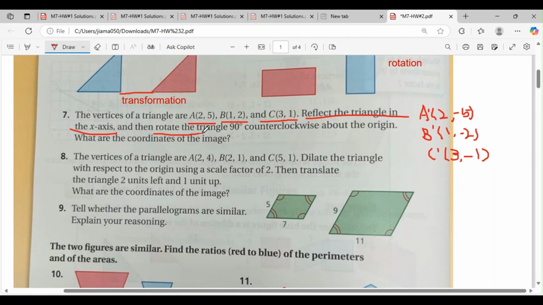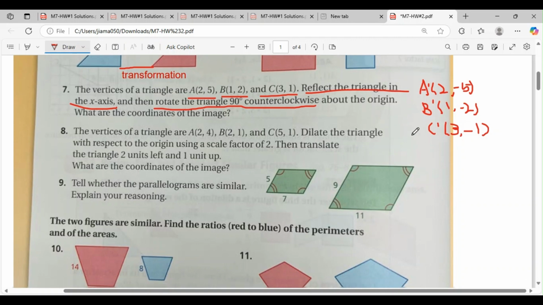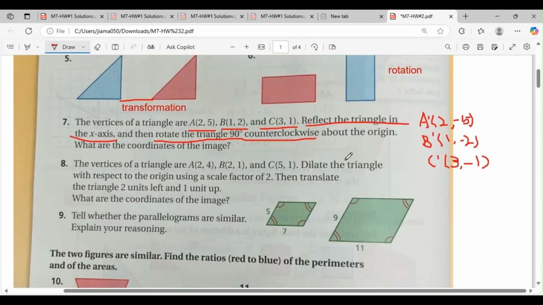Rotate the triangle 90 degrees counterclockwise. We also have a rule for it.